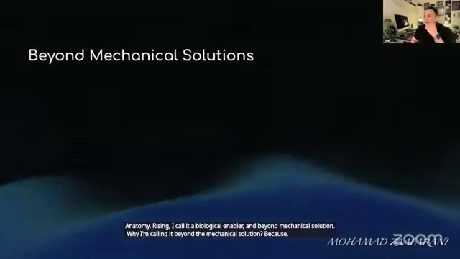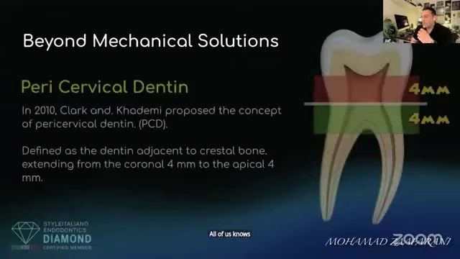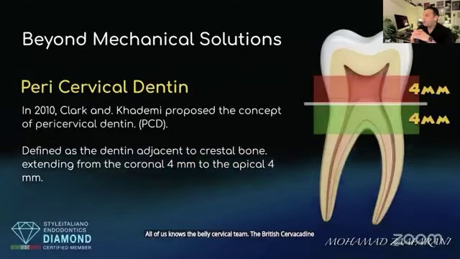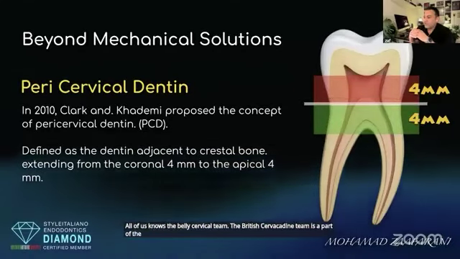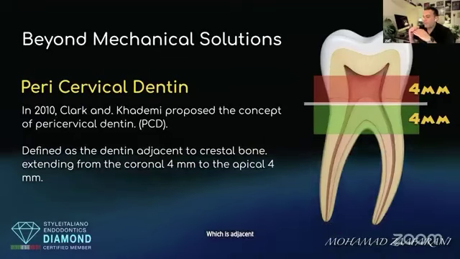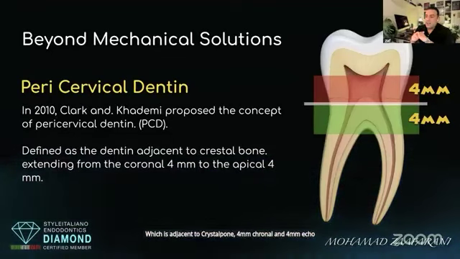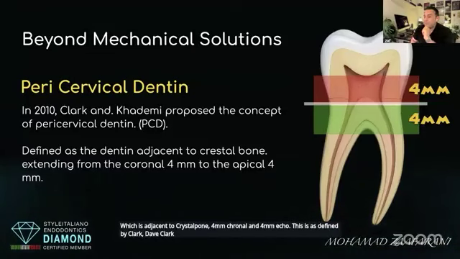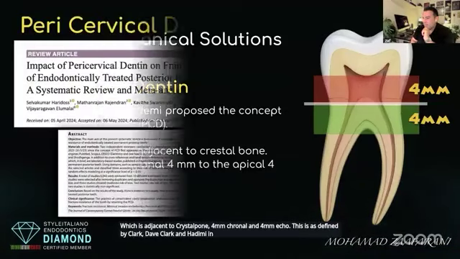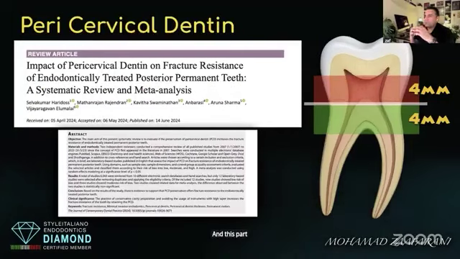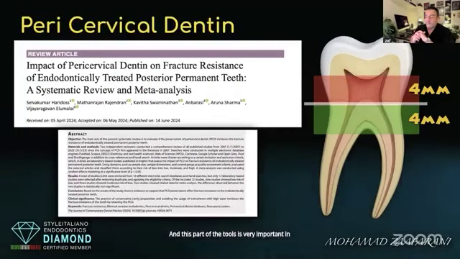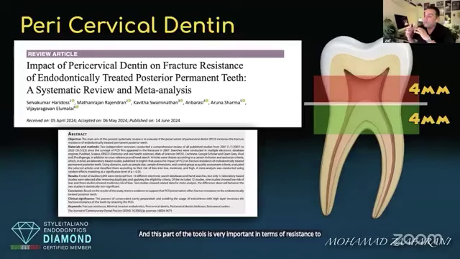Because all of us know the pericervical dentin. The pericervical dentin is the part of the tooth structure adjacent to the crestal bone, 4 millimeters coronal and 4 millimeters apical, as defined by David Clark and colleagues in 2010. This part of the tooth is very important in terms of resistance to fracture and longevity of the tooth.